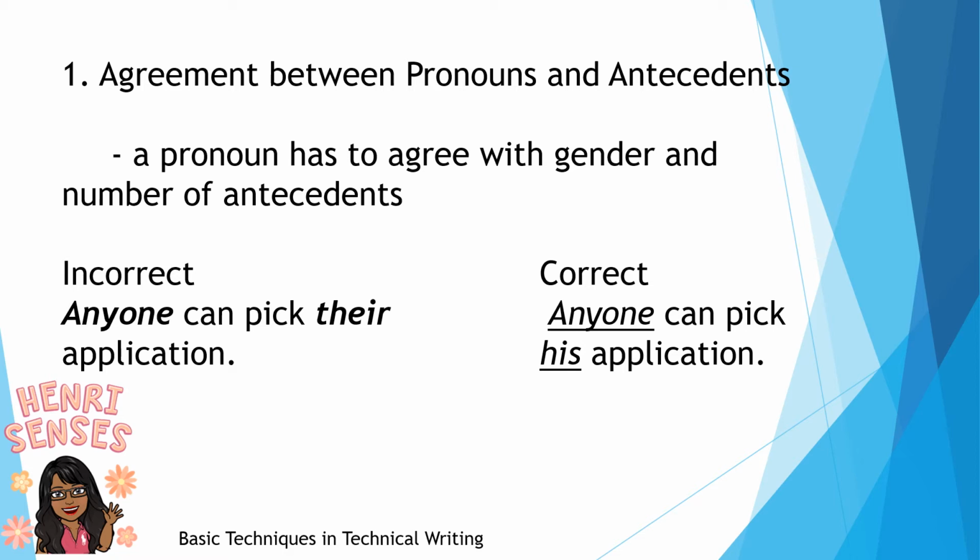Therefore, it is not suitable for you to use "their" as your pronoun, because anyone as an antecedent is singular. So here you should also use a singular pronoun. This is the corrected statement: "Anyone can pick his application," or you can also use "her."